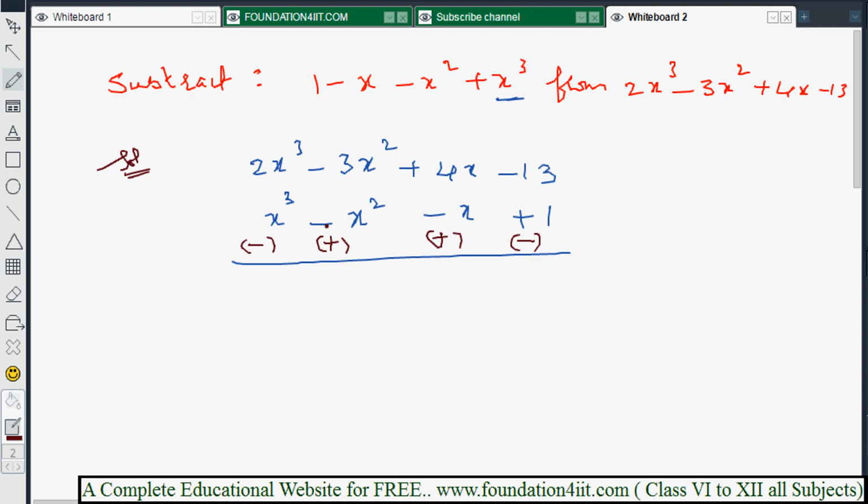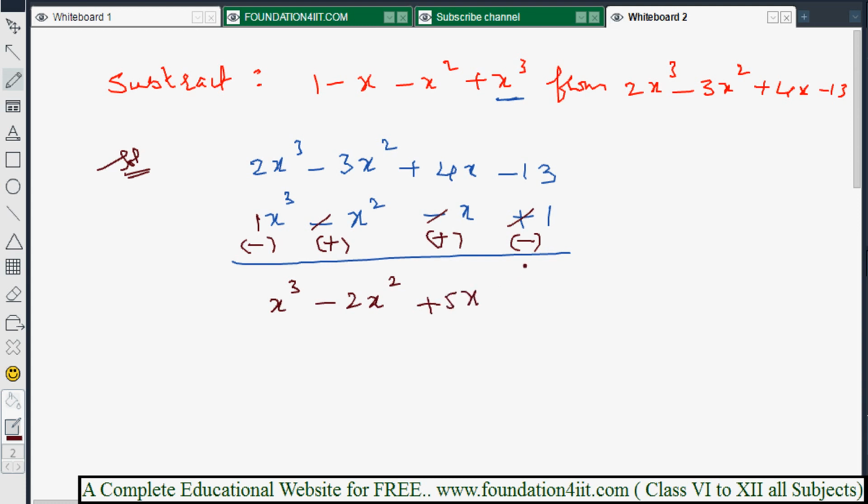Now don't look at the previous signs; do normal addition, first coefficient and second coefficient. So 2 minus 1 is 1, meaning 1x cube. Don't get confused: if the coefficient is not there, it's a 1. Then minus 3 plus 1, so minus 2x square, and 4x plus x, so 5x.